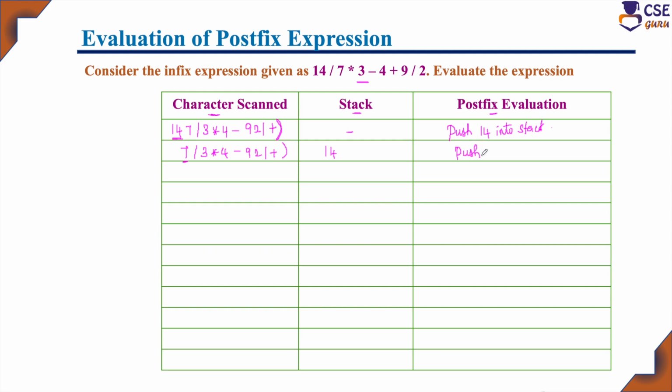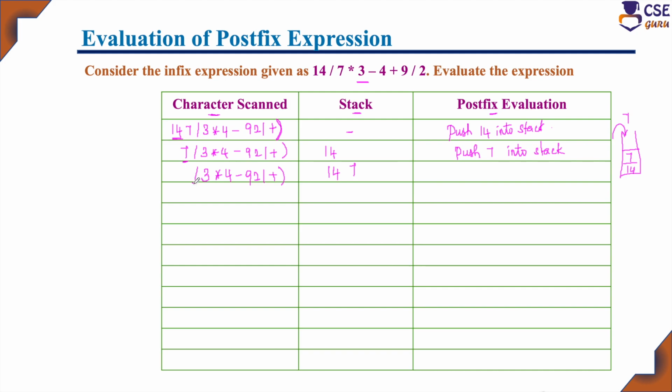Push 7 into the stack because 7 is an operand. So 14 will be there and 7 will be there. In the stack, how will it be represented? 14 you have to push first. Then if you are pushing 7, 7 will be at the top of the stack. Next, the remaining input characters are division 3 star 4 minus 9 2 division plus.